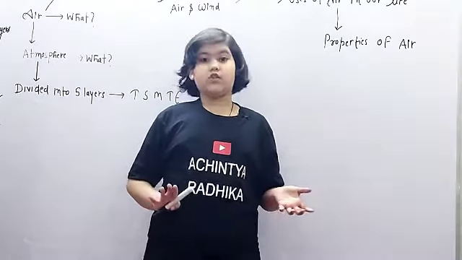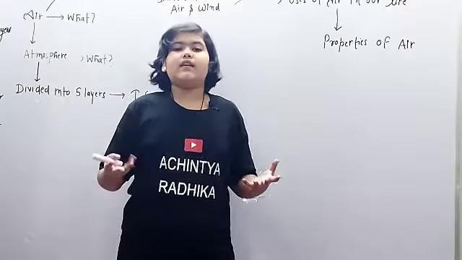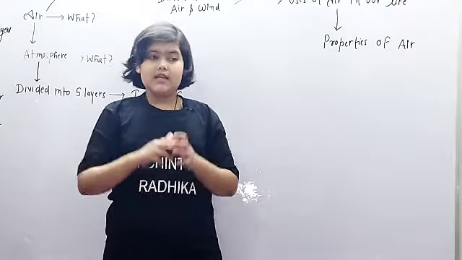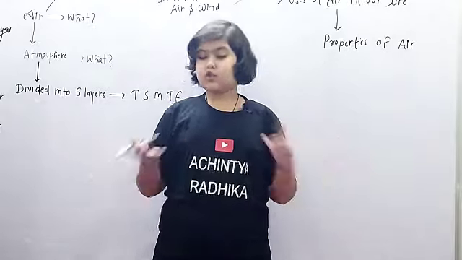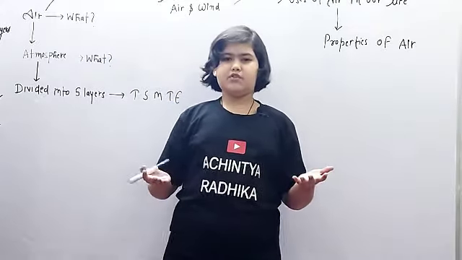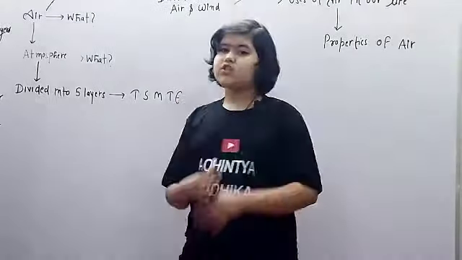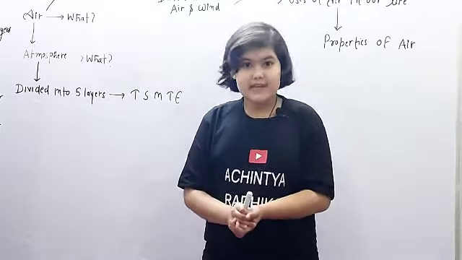Not only oxygen and nitrogen, there are many other gases. Simply, air is a mixture of different kinds of gases, like argon, carbon dioxide, oxygen, nitrogen, water vapor, and many more. So air is simply a mixture of gases.